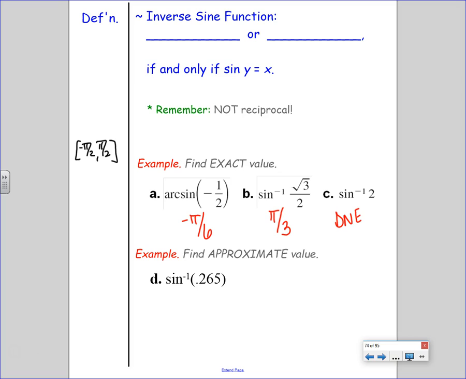Guys, look at the unit circle quiz. This is great timing. What's being put into arcsine or sine inverse? Remember I said they're synonymous. What's being put in? Angles or ratios? What is put into normal trig? What are these: 2 pi over 3, 5 pi over 4, 11 pi over 6?